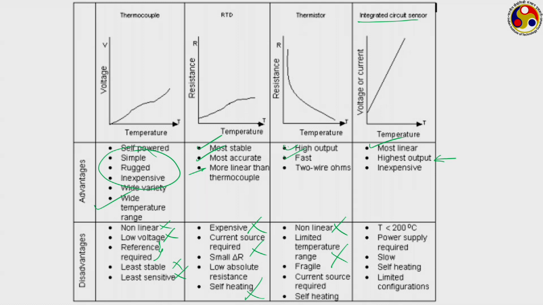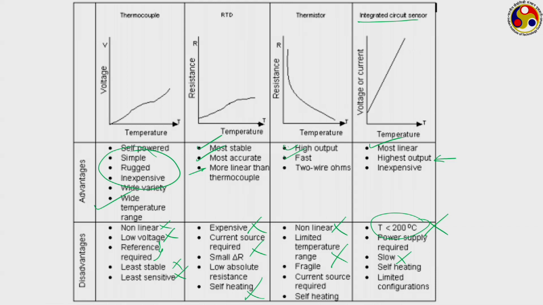And IC based sensors, their advantages are their very linear output and highest output and being very inexpensive, sometimes even cheaper than thermocouples. Their problem is the limited temperature range and the requirement of a power supply, and they are quite slow, probably the slowest among all four.